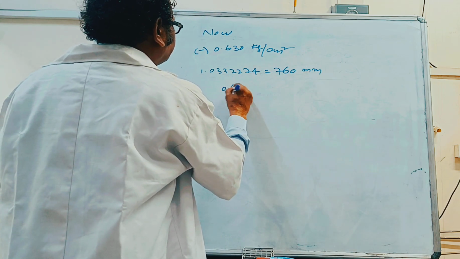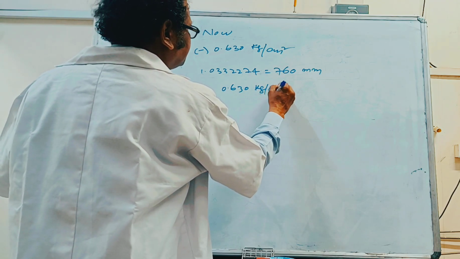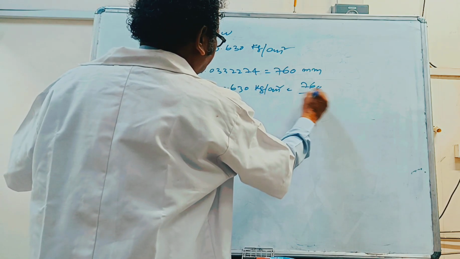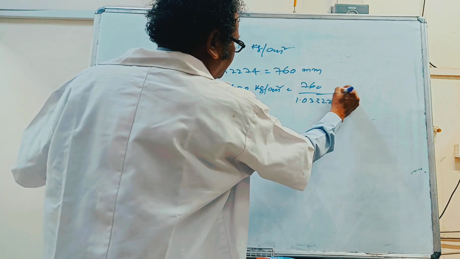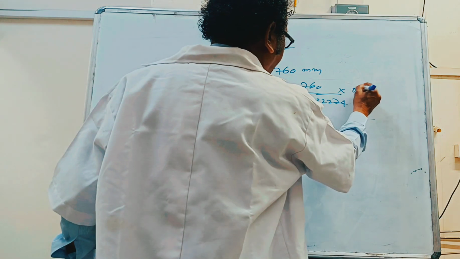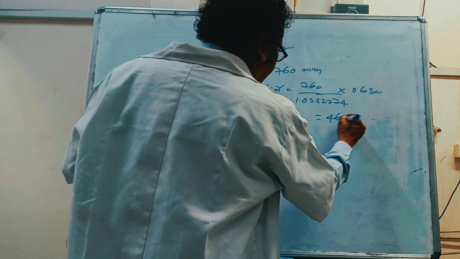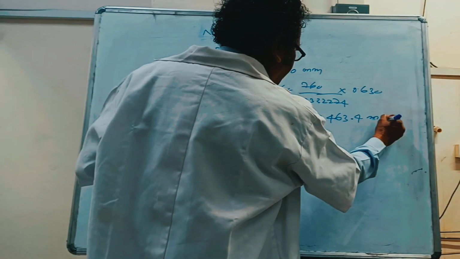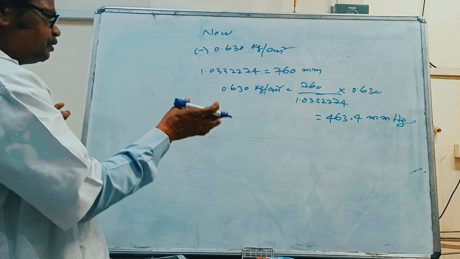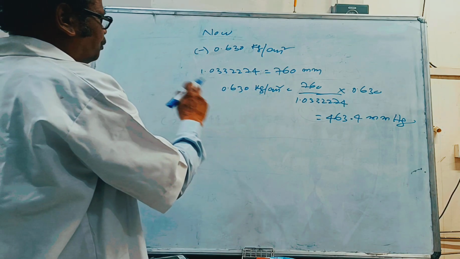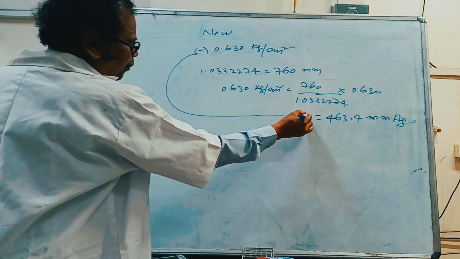Therefore 0.630 kg per cm square is equal to 760 divided by 1.0332274 into 0.630, which is equal to 463.4 mm Hg. Now we have converted this pressure to mm Hg.